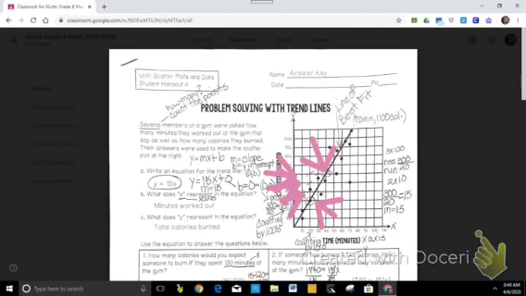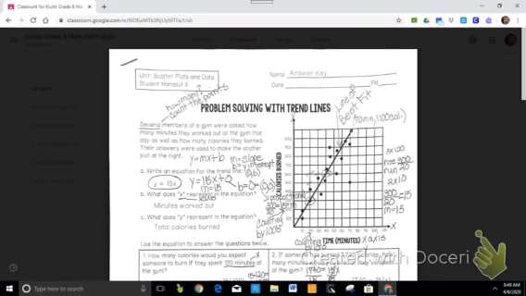It goes up 3, but you have to look at your scale. I'm counting by 100s. So up 3 would be 100, 200, 300. So I have a rise of 300.